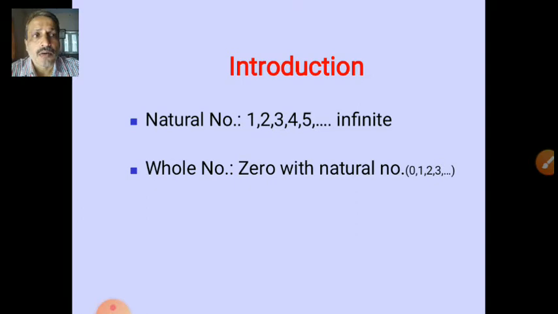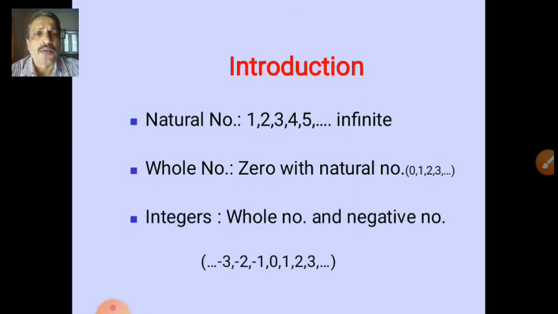Now what about the negative numbers? Have you ever heard of negative figures? Yes, minus 2 degrees centigrade temperature, minus 8 degrees centigrade temperature in Shimla, Srinagar, etc. Integers are whole numbers plus negative numbers.